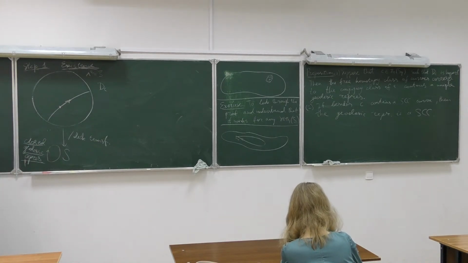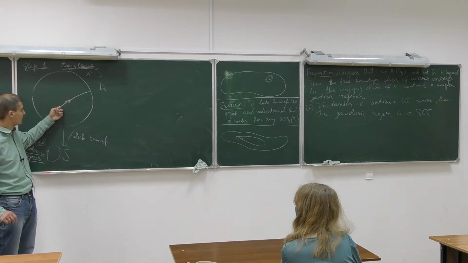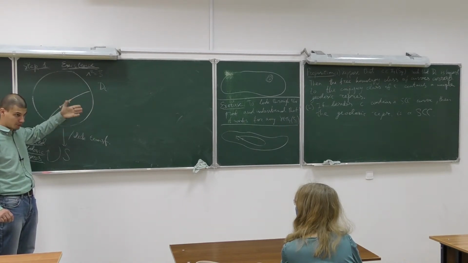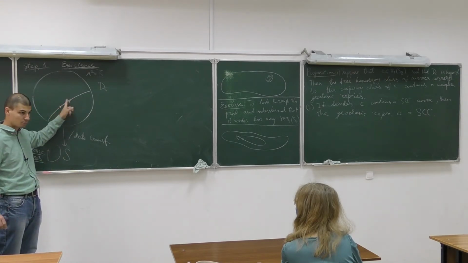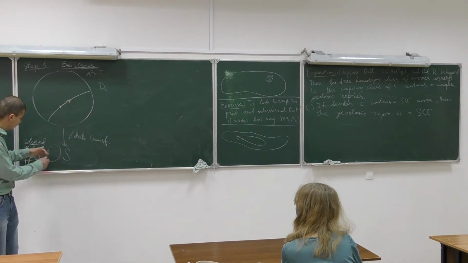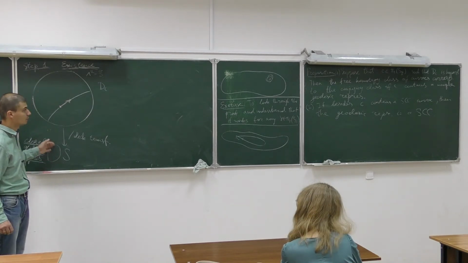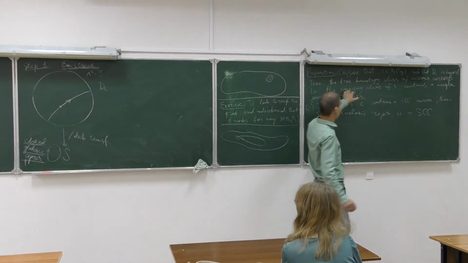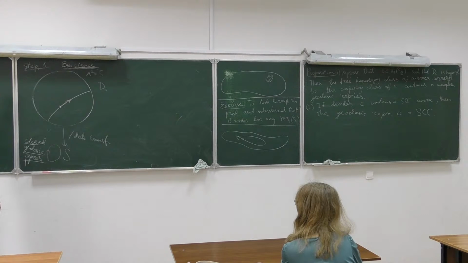So we have no problems with it. This is more or less trivial. And this closed curve corresponds to this particular homotopy class, since once we go around it, its lift goes from here to here. I do not take care about the base point, since we are working with free homotopy classes.